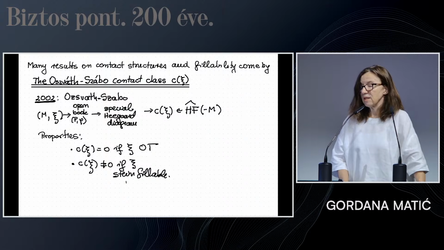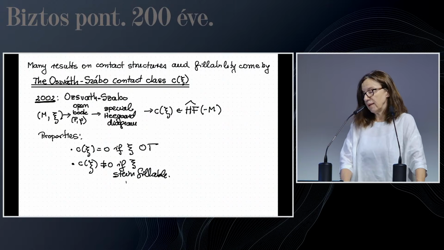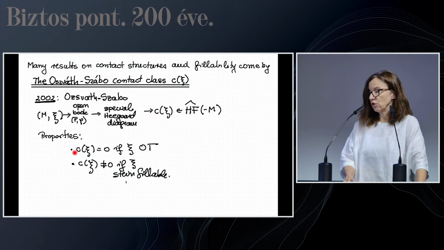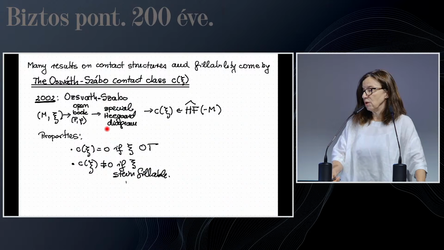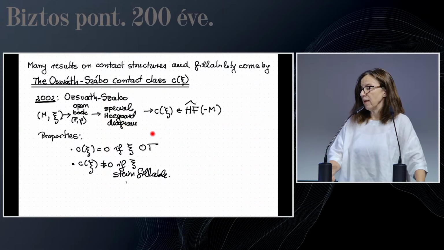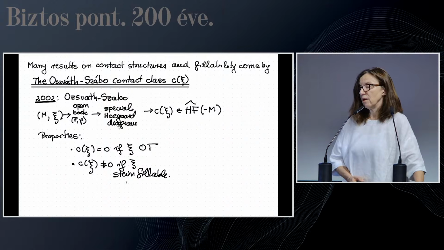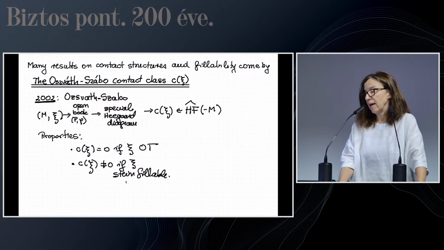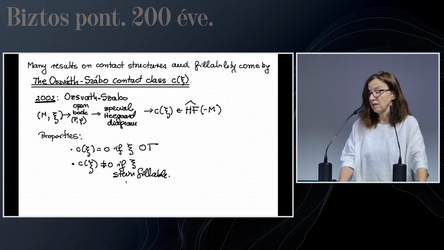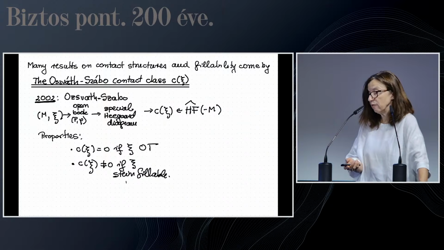So in 2002, given this Giroux theorem that every contact structure has an open book, then Ozsvath and Szabo used this open book to construct a special Heegaard diagram for the manifold M and a special element in the Heegaard-Floer homology for minus M that we today call the Ozsvath-Szabo contact class, and that has properties that this C of Xi is 0 if Xi is overtwisted, and it is non-zero if psi is Stein fillable.